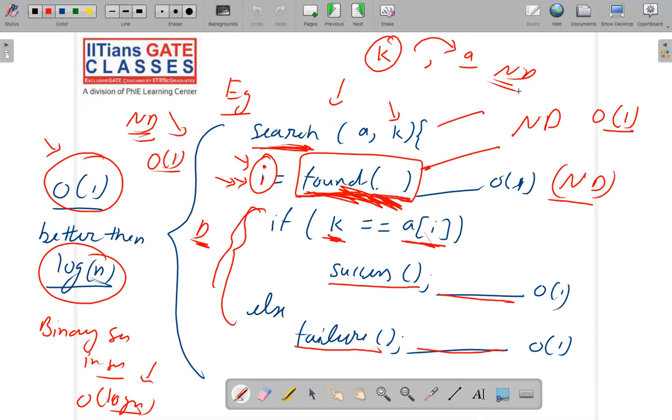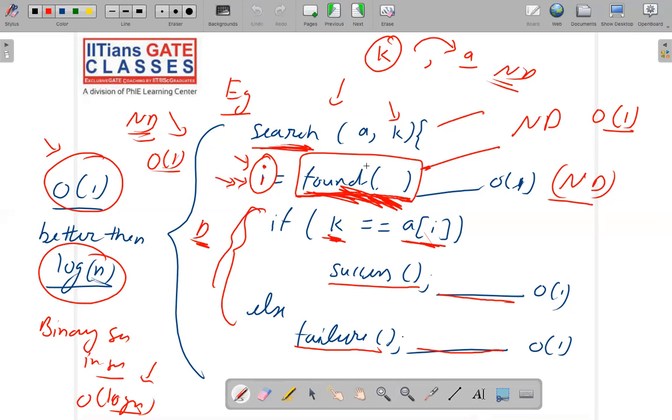And if you have studied TOC, theory of computation, you already know what non-deterministic is. If we have many choices, we non-deterministically choose the best choice, always the best choice.